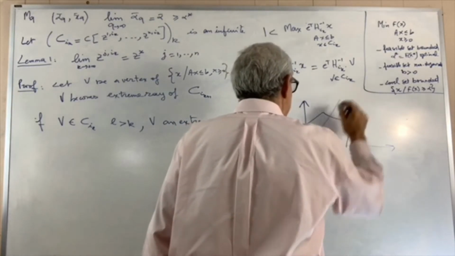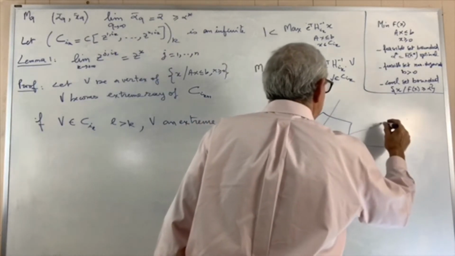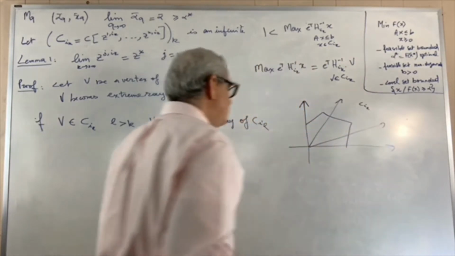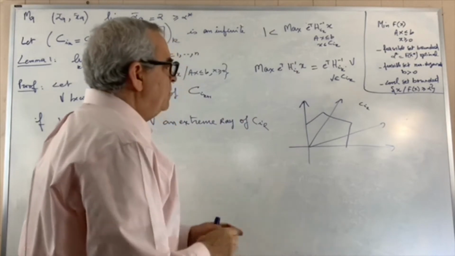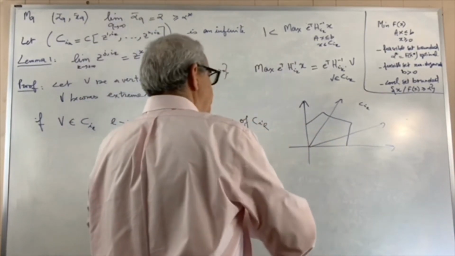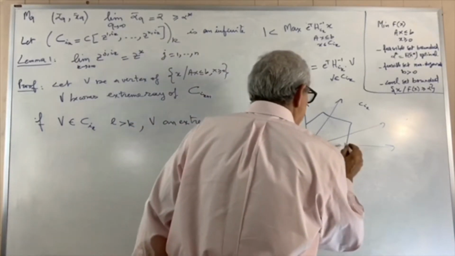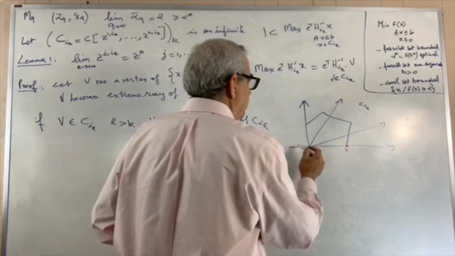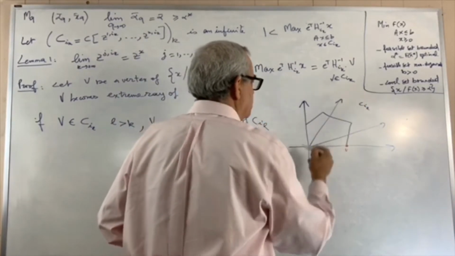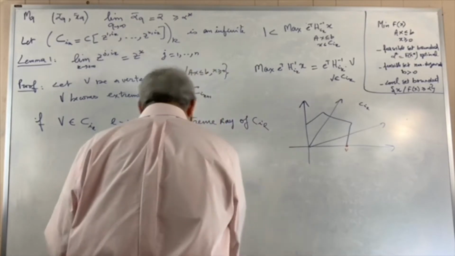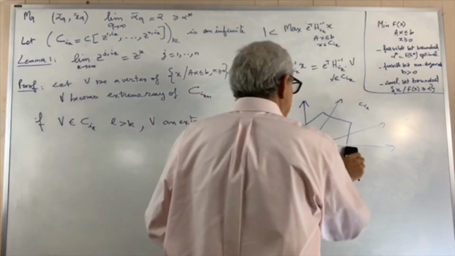and here's my C_{I_l}. And remember, v is an extreme ray. So v is one of these points. I'm sorry, not this point, not this one. I meant this one. Here, in this case, n equal to 2, I have two extreme rays, this one and this one.